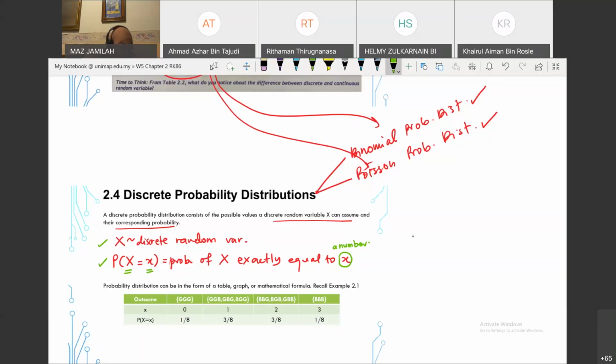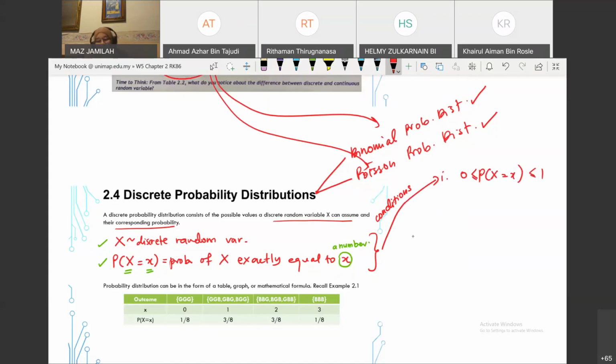Now, a discrete probability distribution must satisfy the following conditions. There will be two conditions it should satisfy to be a discrete probability distribution. The first condition is that the probability of X equal to a certain value is from 0 until 1.